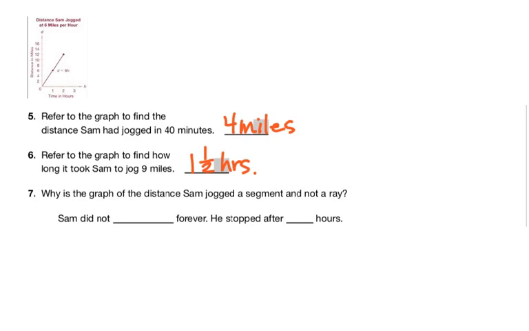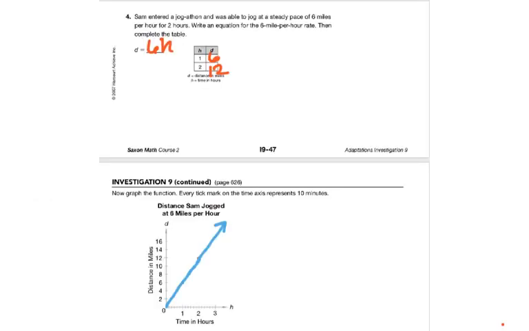Okay, so over here, I did kind of make a mistake because I wasn't paying attention. Remember it said that he had a steady pace of 6 miles per hour for 2 hours. So I kept this going, and I guess I should have stopped it right here.